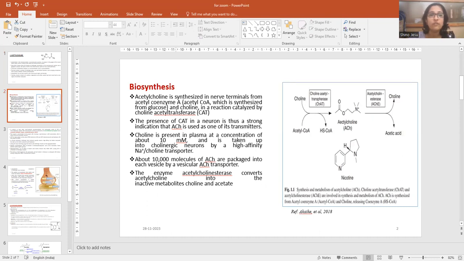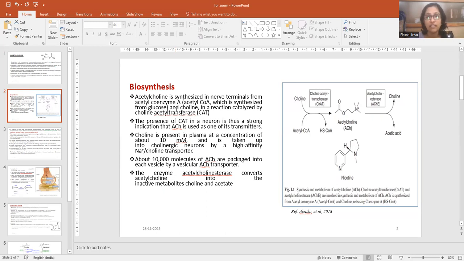So coming to biosynthesis, it is synthesized in the nerve terminals from acetyl coenzyme A, which is synthesized from glucose, and choline, in a reaction catalyzed by choline acetyltransferase. The presence of choline acetyltransferase in a neuron is thus a strong indication that acetylcholine is used as one of its transmitters.